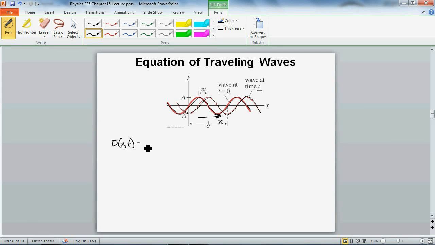And we'll start, it's going to have some amplitude. Now you notice that the original wave was starting with the wave going through the origin. And so for an oscillating wave going through the origin, that's going to be a sine function.